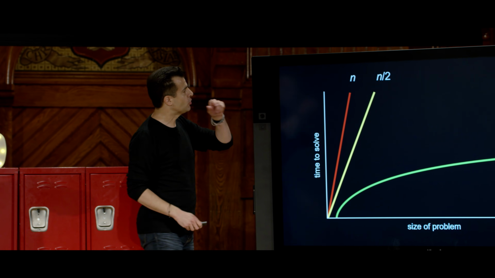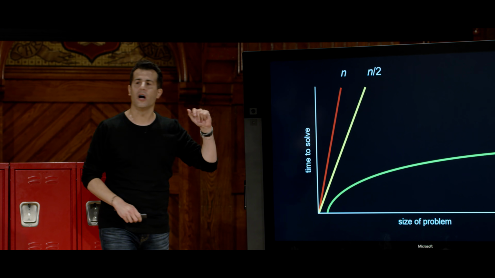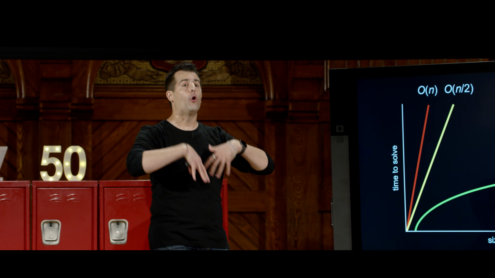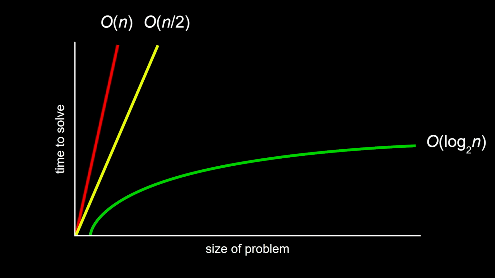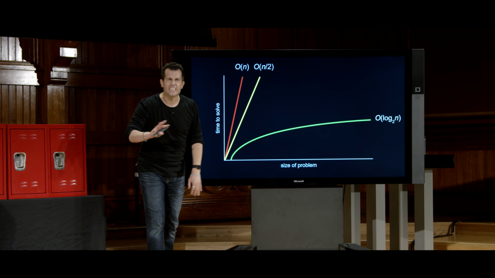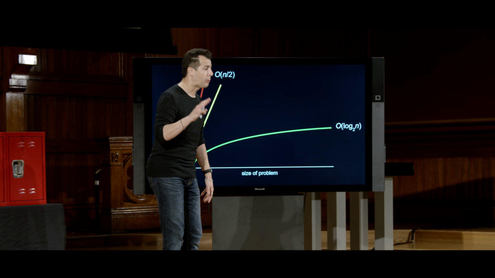So instead of saying literally n steps or n over 2 or log n steps, a computer scientist would typically say, that algorithm is on the order of n, or on the order of n over 2, or on the order of log n. So this is just cryptic looking syntax that you pronounce verbally as on the order of. And it's kind of written like a math function, just as we have here. But it turns out that when you're using big O notation, it really is kind of hand wavy. Like it's just meant to be an approximation.